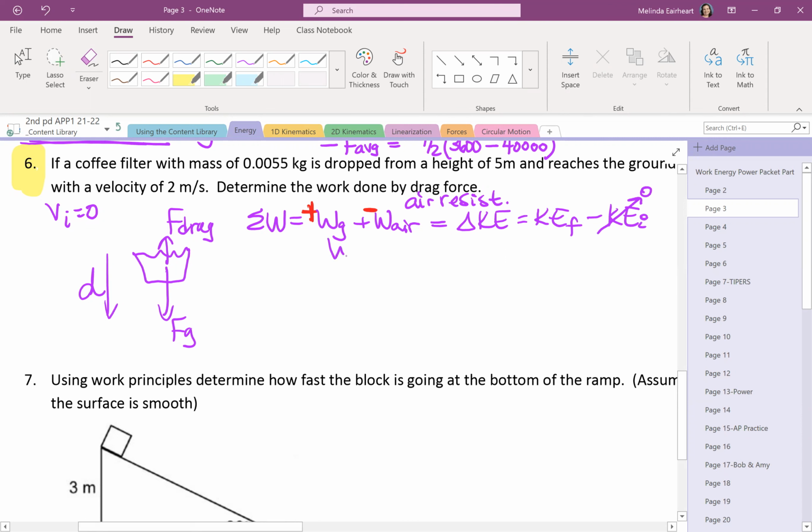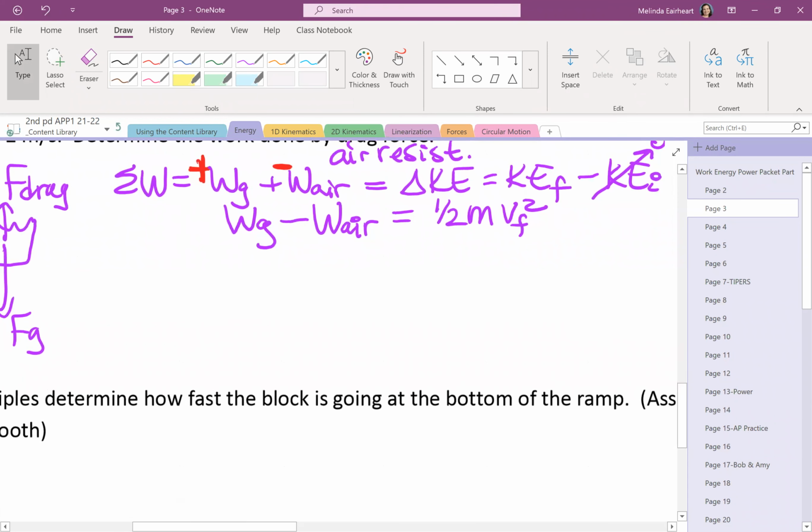And so my next line: work done by gravity minus the work done by air, drag, same thing, equals 1/2 m v final squared. To solve for air, we can subtract the work done by gravity.